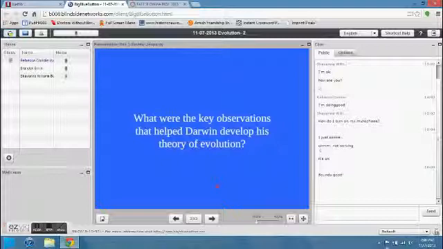Oh, Darwin's main 2 points, Origin of Species. I'm looking at this slide right now. I think it's a slide right before or right after that. There were 3 things, A, B, and C. I've got 4 on one and 4 on the other.